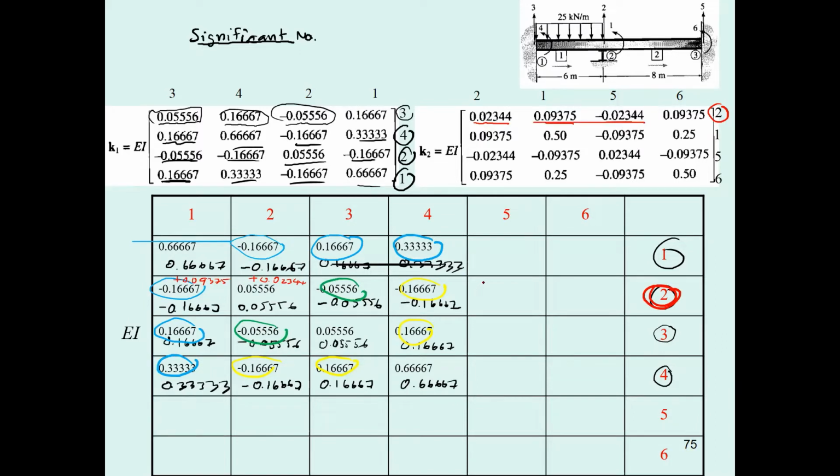You come to over here minus 0.02344, and the last one 0.09375. So you get what you have.